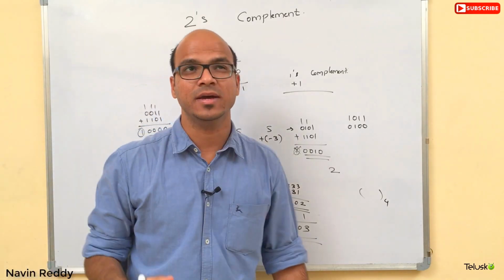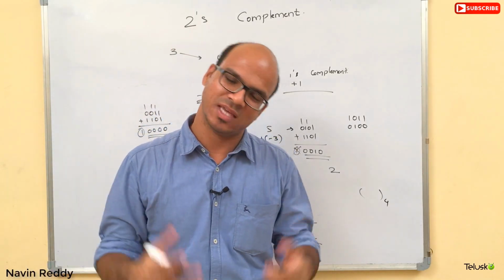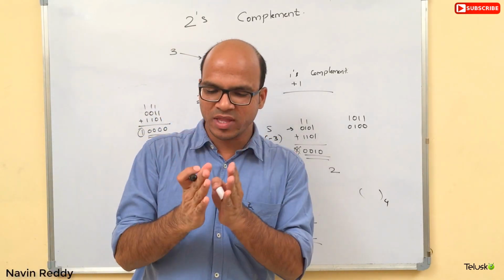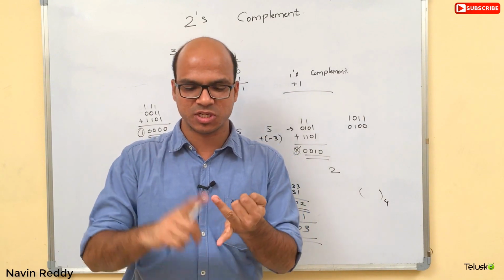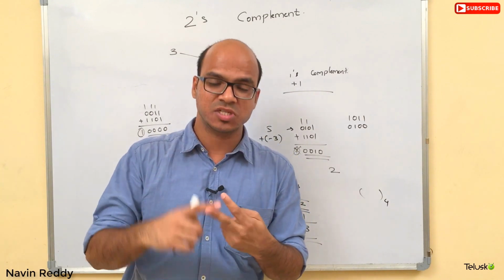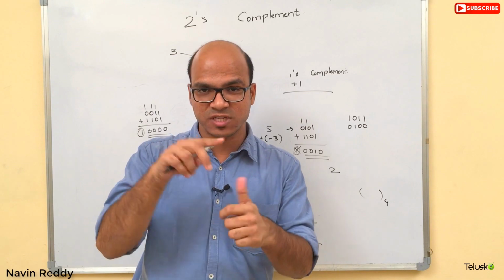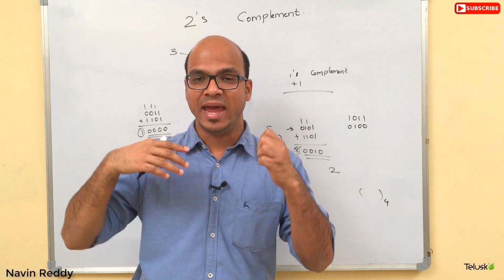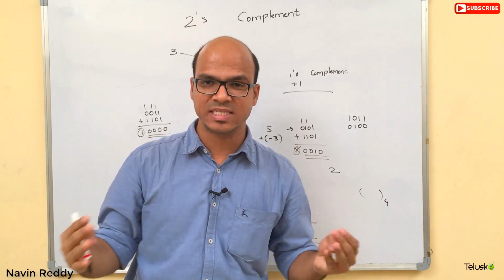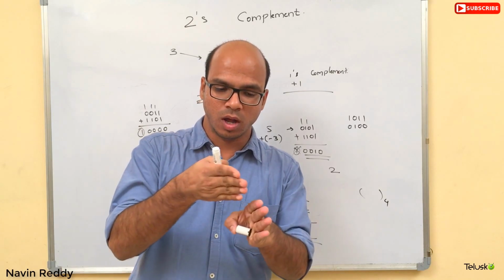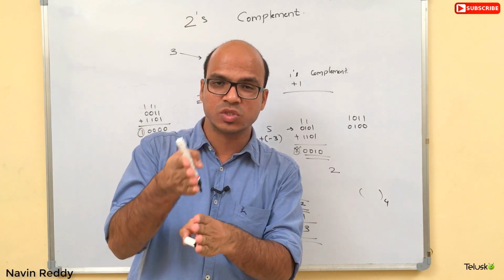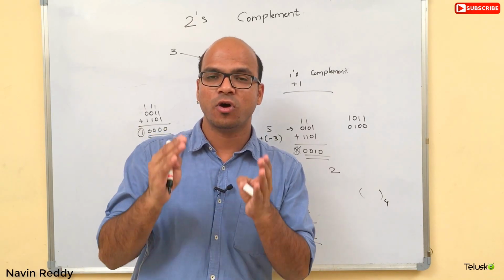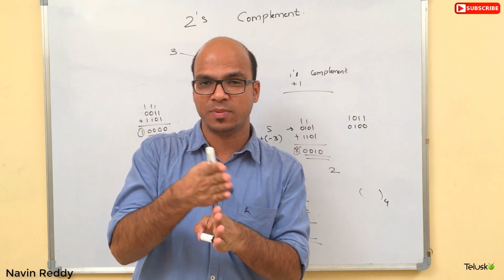Now, how do you find 7's complement? Whenever you have a number system like the binary system, quaternary system, octal system, decimal system, duodecimal system, which is base 12, or the hexadecimal system, for all these systems, for 2's complement, it is 1's complement plus 1. For the quaternary system, it is 3's complement plus 1.